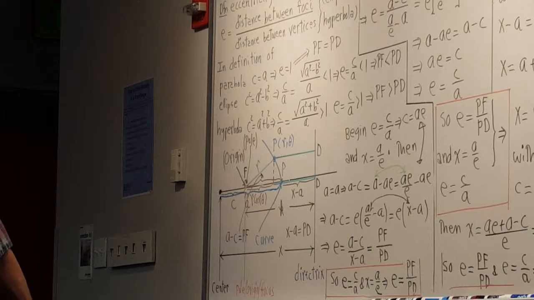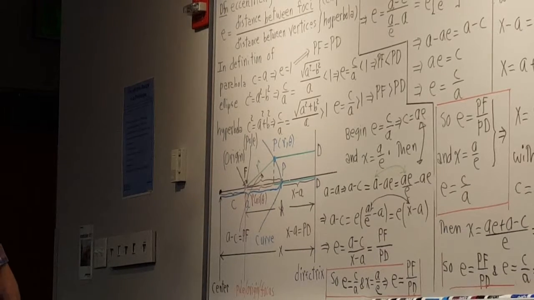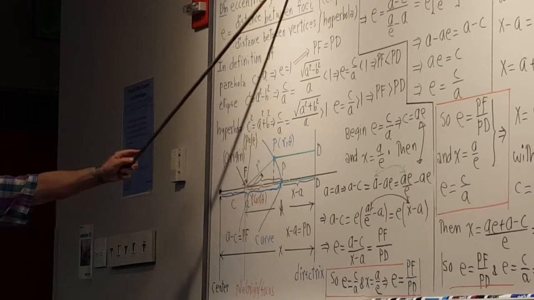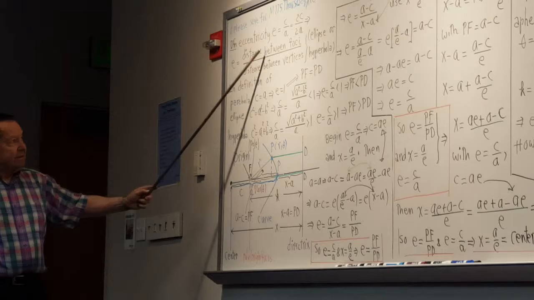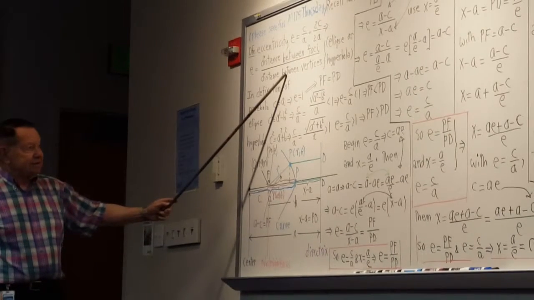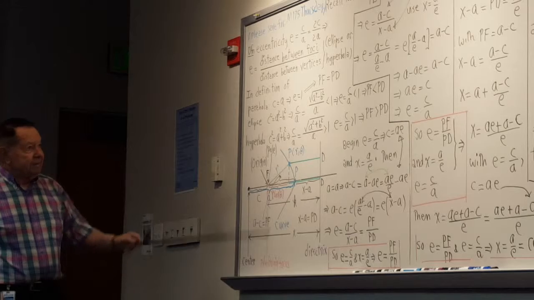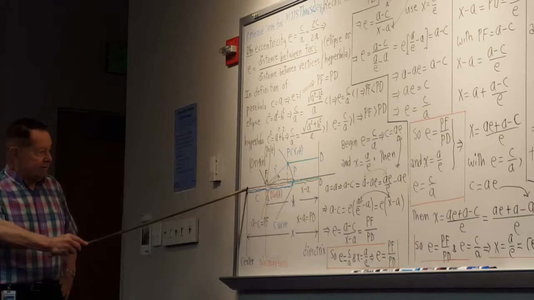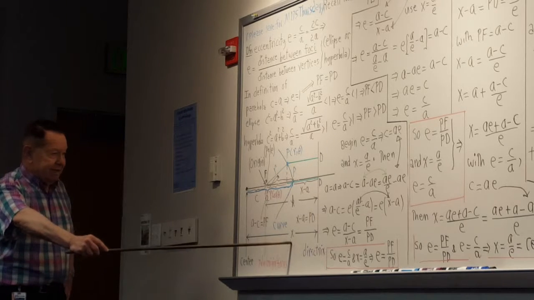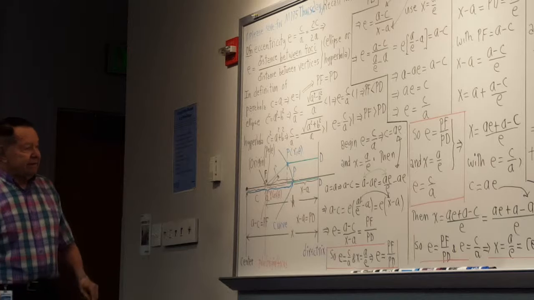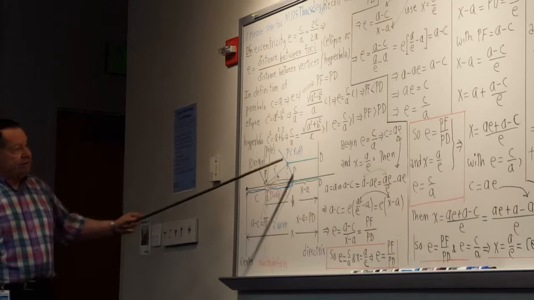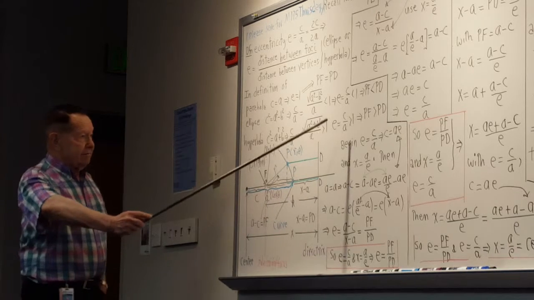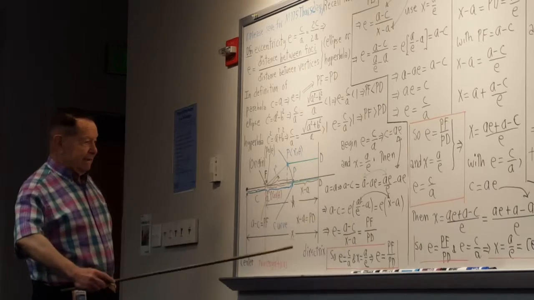So the three statements that are equivalent in pairs are: e is c over a, the same as saying this distance is the same as that; the distance x from the center to the directrix is a over e; and the eccentricity is the ratio of PF to PD.